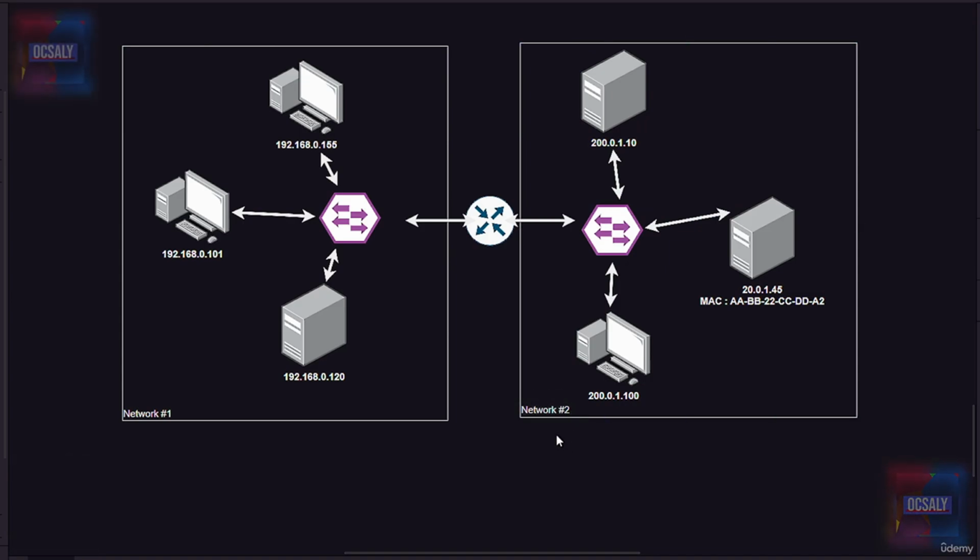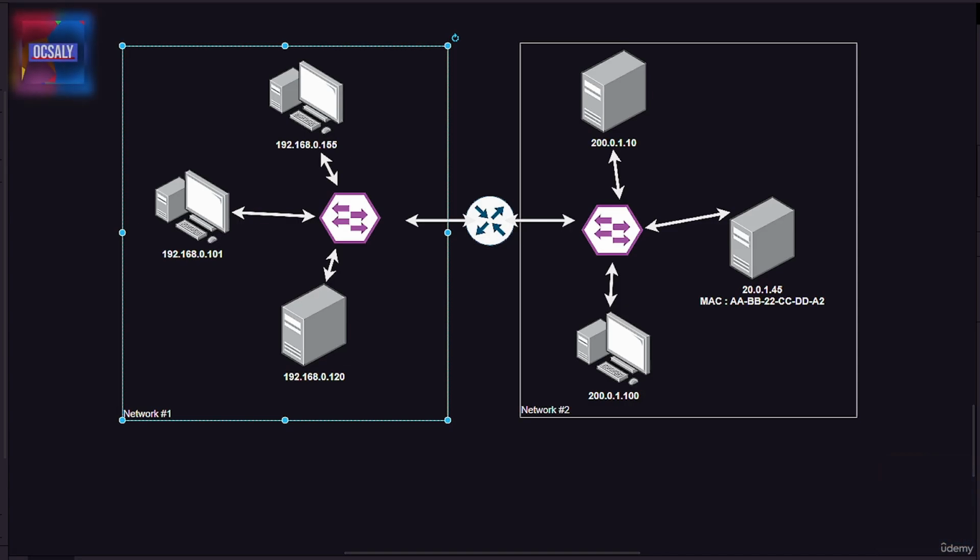The operating system network stack on this node encapsulates the application and transport layer data, and it builds an IP packet with a source address of 192.168.0.101 and a destination address of 20.0.1.45.